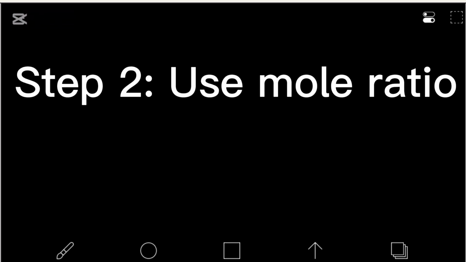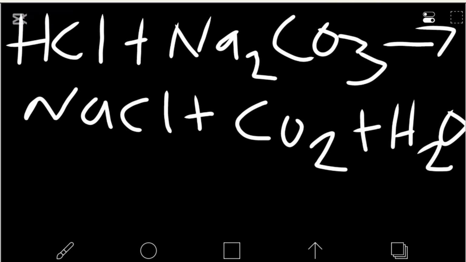So for us to know the mole ratio of our equation, we must write our chemical equation. Let's check whether the equation is balanced. This equation is not balanced. So we have 2 sodium here. Once we put 2 sodium here, chlorine becomes 2. So we now put 2 here. Yes, the equation is balanced now.